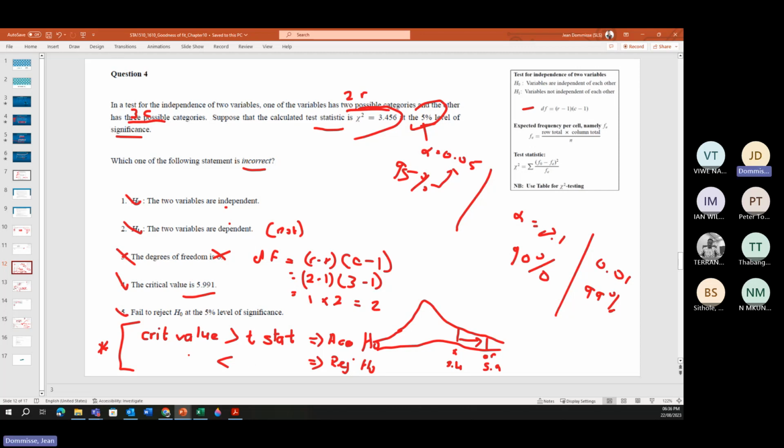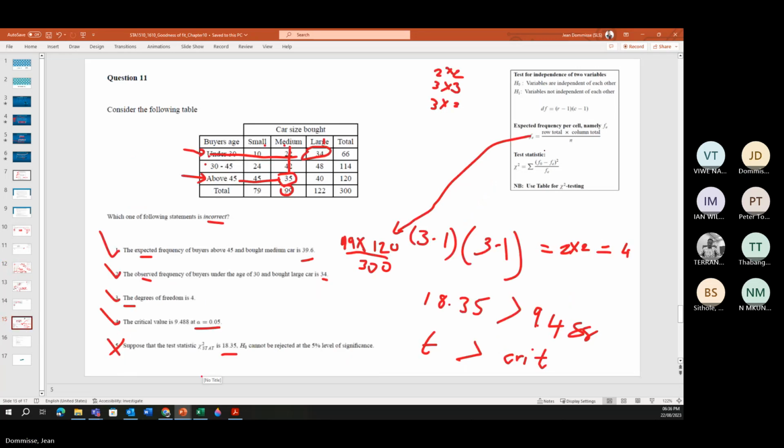T-stat is going to be bigger than your critical, so we're going to reject the null hypothesis. The option says H0 cannot be rejected, which obviously is wrong because we are going to reject it. So H0 will be rejected, and that is why option 5 is the incorrect one.